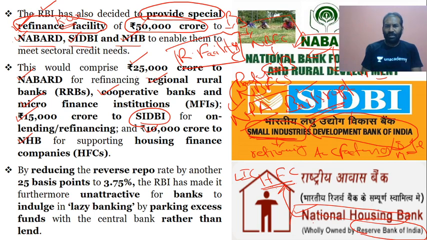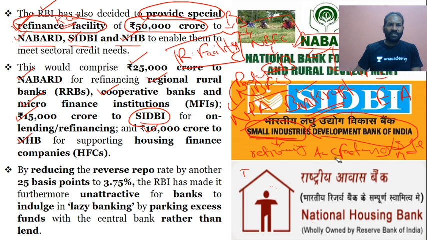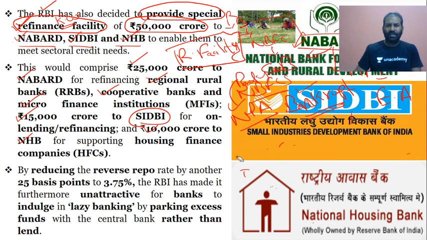What is important is that now they are not focusing on the bankruptcy. They are focusing only on economic activity, and that is why RBI Governor Shaktikanta Das has gone ahead with the concept of refinancing facility, and this is very important from the prelims point of view and also for the mains point of view.